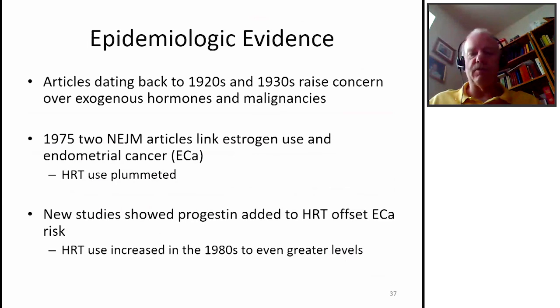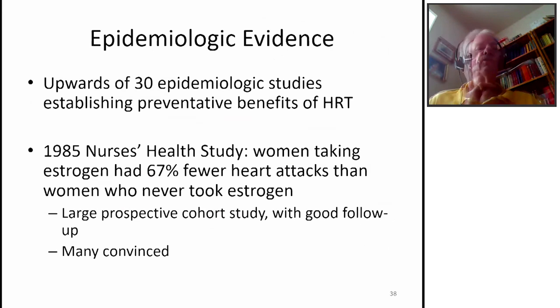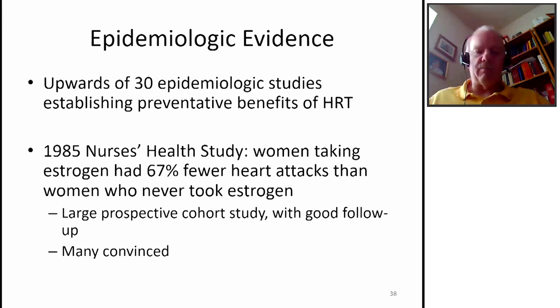And then there were some issues over hormones causing cancer, and in 1975 there were two New England Journal of Medicine articles linking estrogen use to endometrial cancer. But then some new studies showed that if you just added progestin, that took away the risk of cancer. So there were about 30 epidemiologic studies that established the benefits of hormone replacement therapy, many on cardiovascular risk.